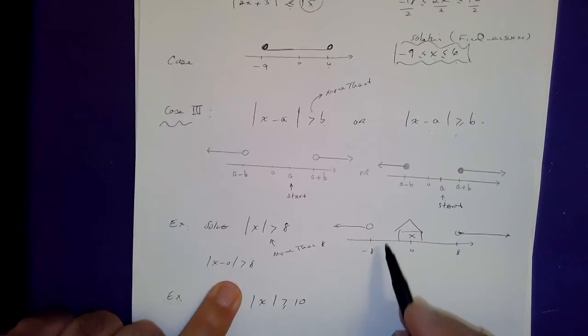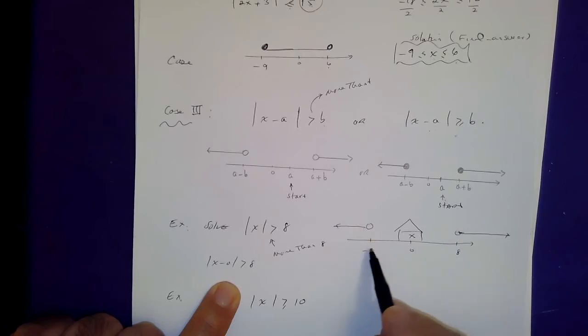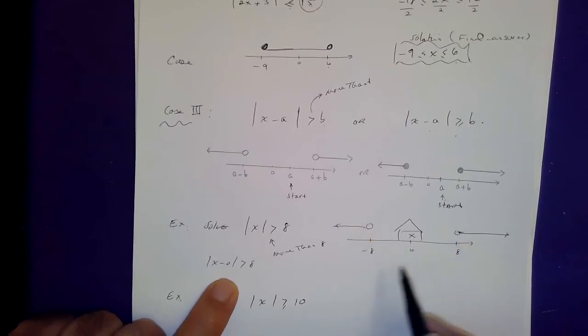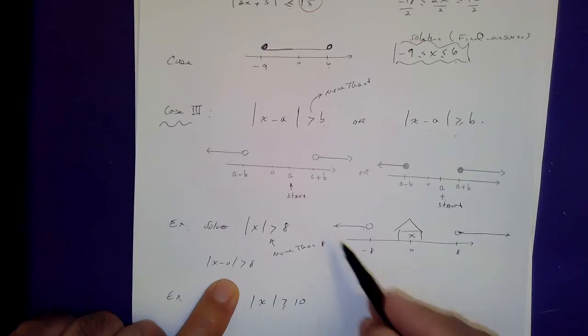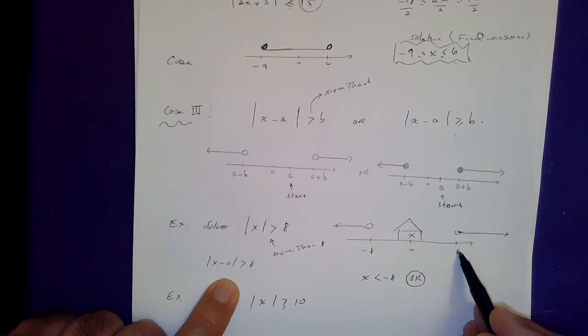So when it comes to the solution, because we have a gap, the solution shows up in two separate inequalities. Either x is, remember, when the arrow goes left, less than this number. Now we have to use the word or. When the arrow goes to the right, you have to use the greater than sign.